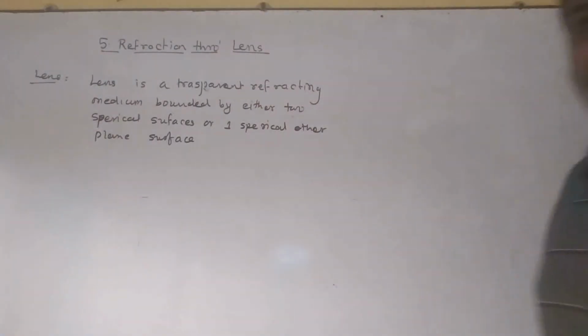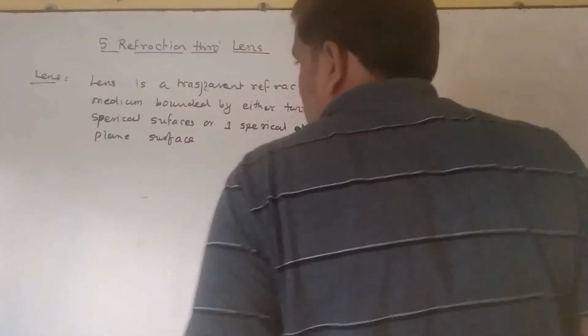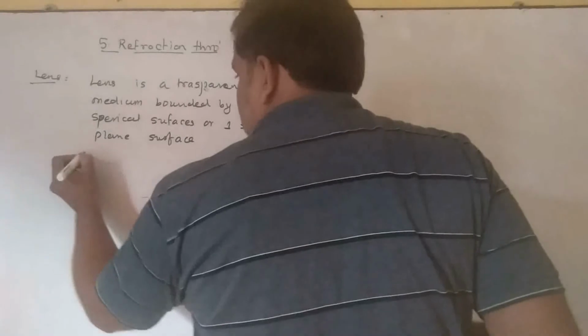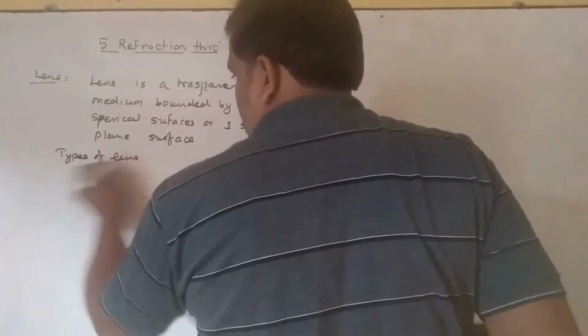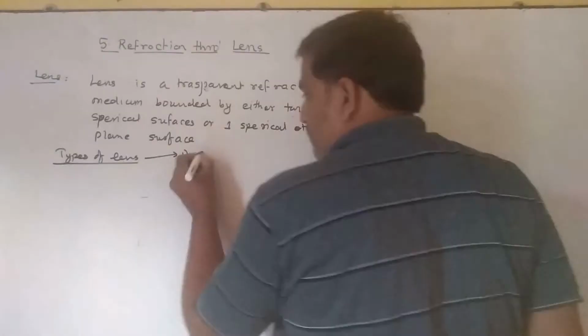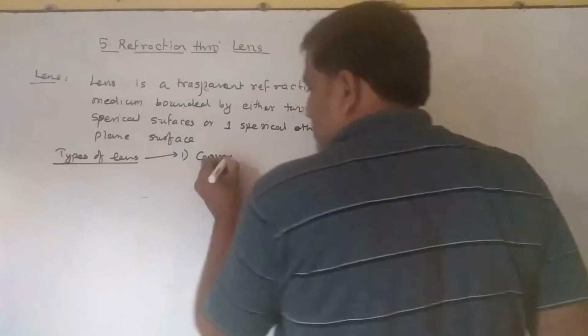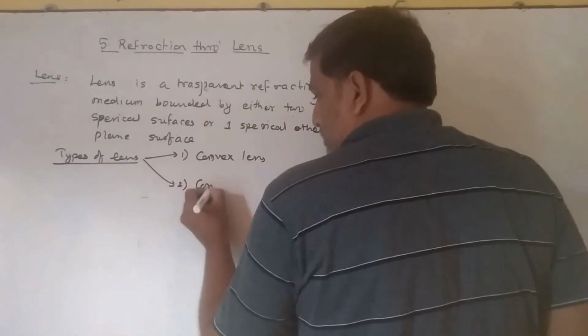Here we are going to study the types of lenses. There are two types of lenses. The first one is the convex lens and the second one is the concave lens.